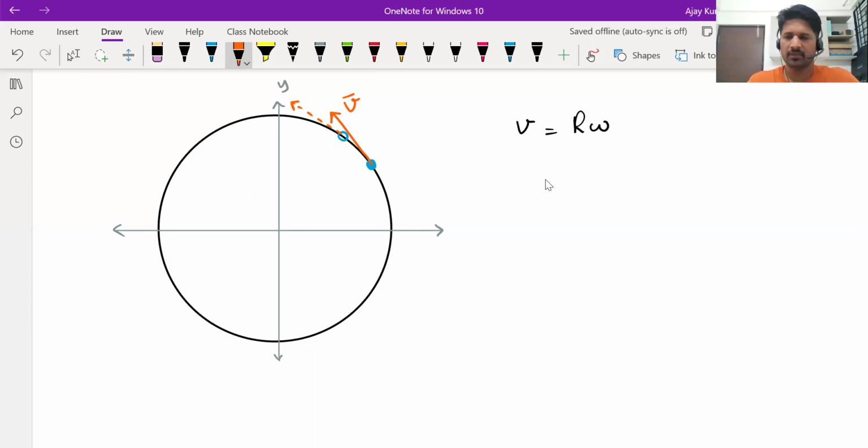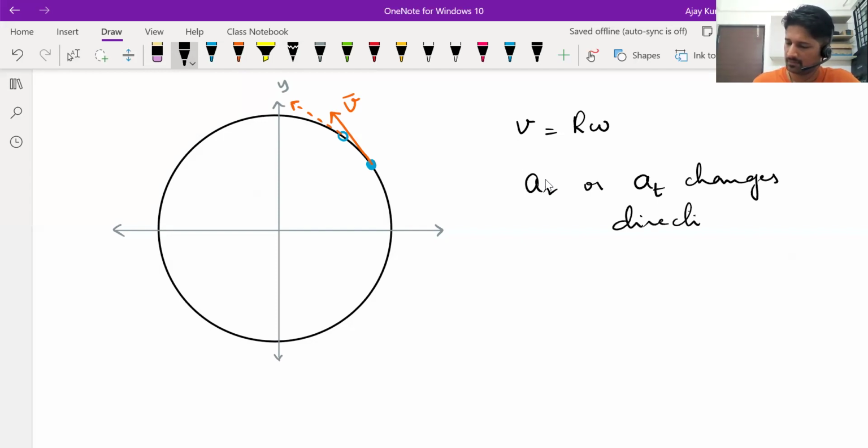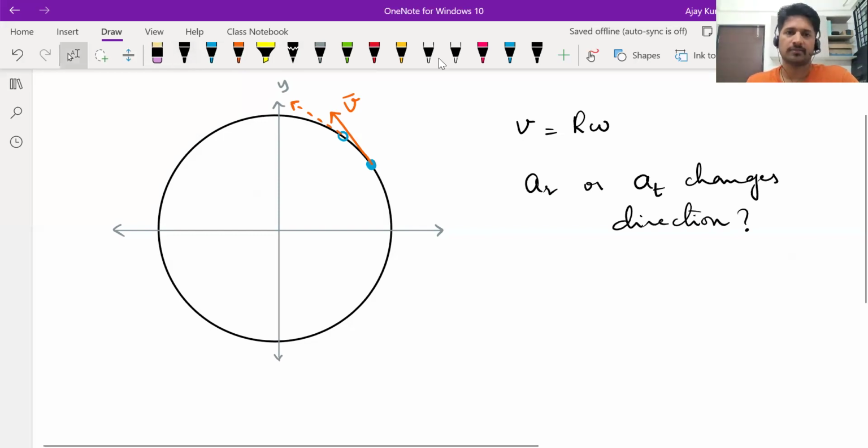Which component of acceleration, radial acceleration or tangential acceleration, changes the direction of motion? Tangential is the component of acceleration parallel to velocity. Radial is the component of acceleration perpendicular to velocity. Which component changes the direction of motion of the object?